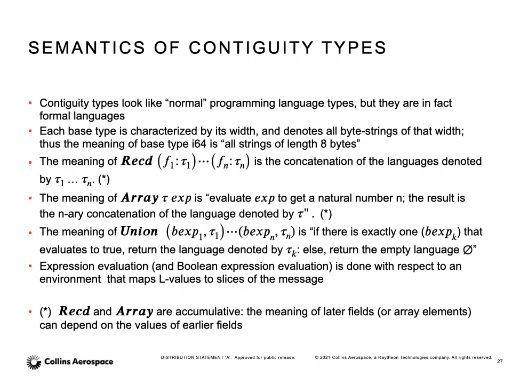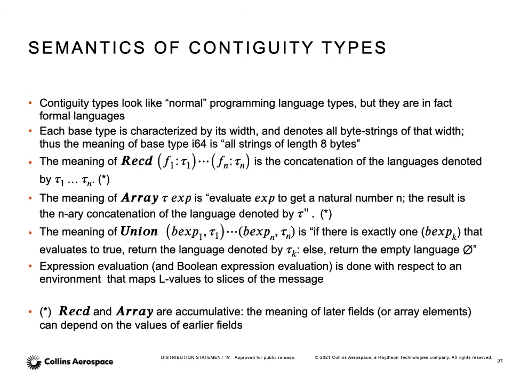Contiguity types look like normal programming language types, but they are in fact formal languages. Each base type is characterized by its width and denotes all byte strings of that width. Thus, the meaning of base type I64 is all strings of width 8 bytes. The meaning of a record having fields f1 of type tau1 through fn of type tau-n is the concatenation of the languages denoted by tau1 through tau-n.